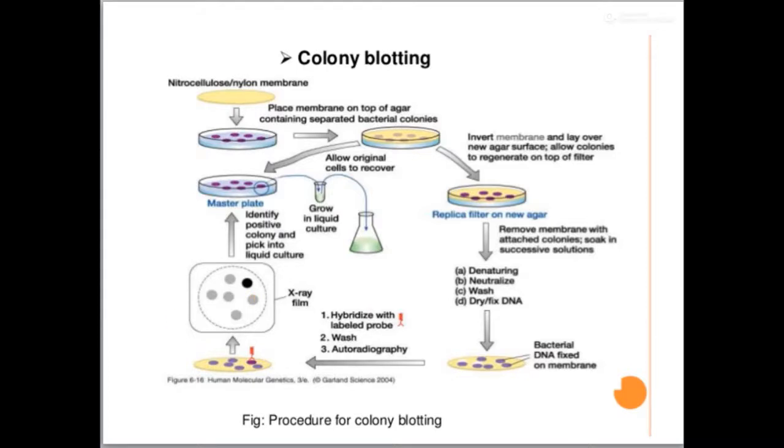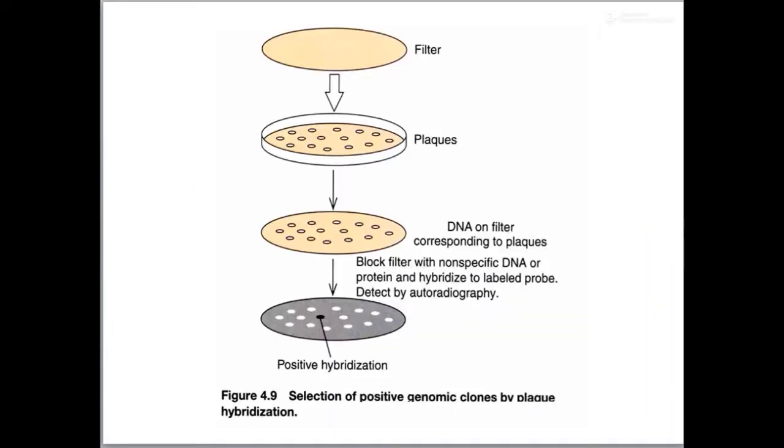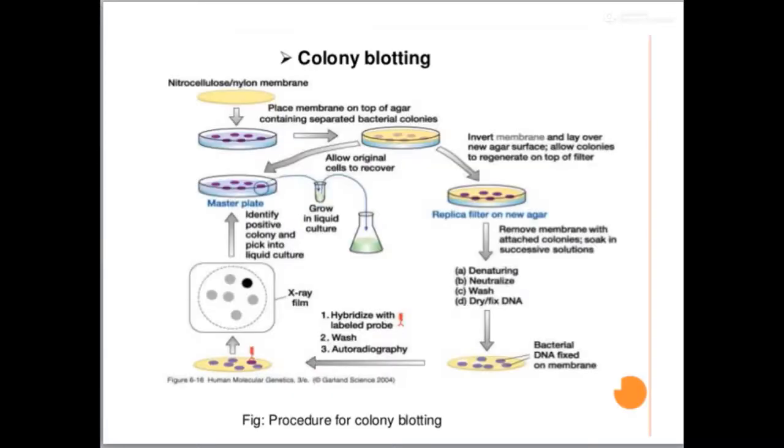Now, the same principle of colony hybridization can be used in plaque hybridization also. The only difference is that plaque hybridization is used where you are using viral vectors. In this case, you have bacterial clones and you are checking whether each clone has your desired gene of interest.